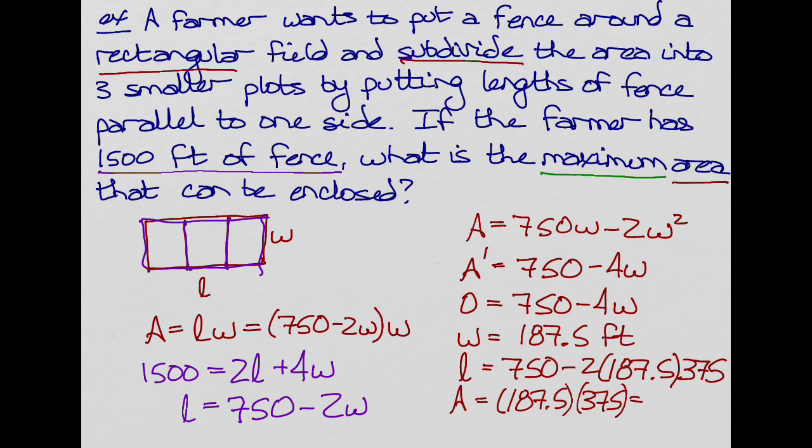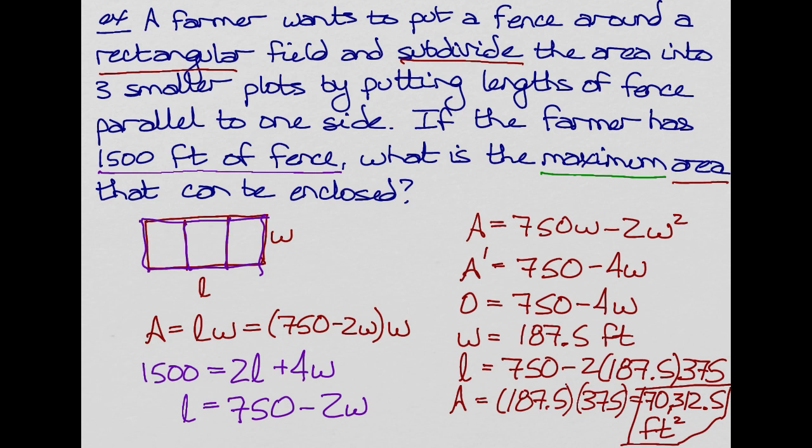Sometimes I can multiply, not numbers that look like this. So if you can do that, yay. 70,312 and a half. That's area, so we're going to be in square feet. And we have answered the question.